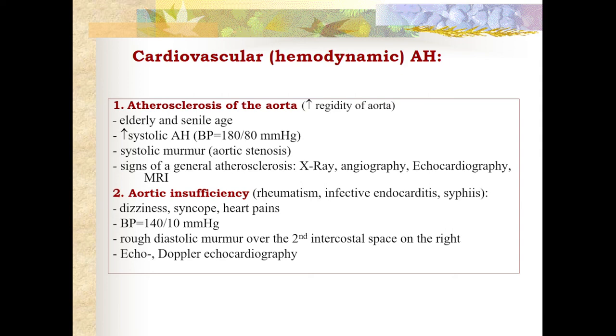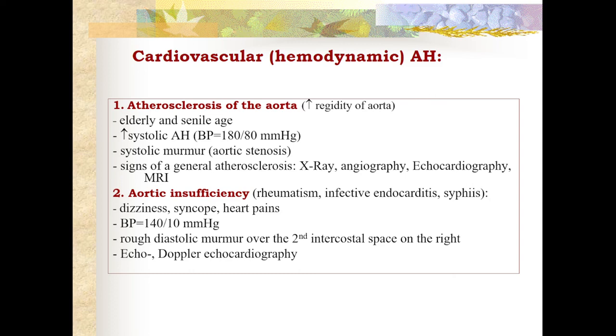Aortic insufficiency, aortic regurgitation, due to rheumatic fever, infective endocarditis, or syphilis. In aortic regurgitation, the main clinical signs and symptoms are associated with ischemia of the brain and ischemia of the heart, and maybe dizziness, syncope, disturbances of consciousness, and heart pain like angina pectoris.